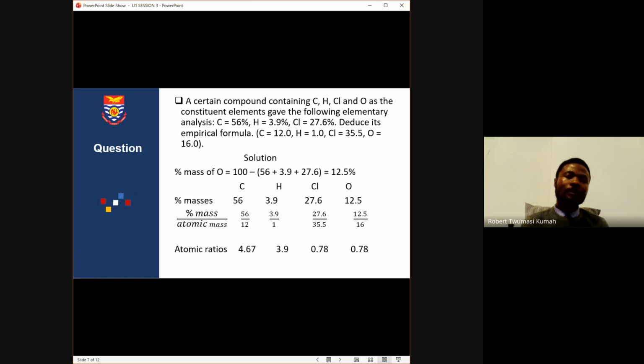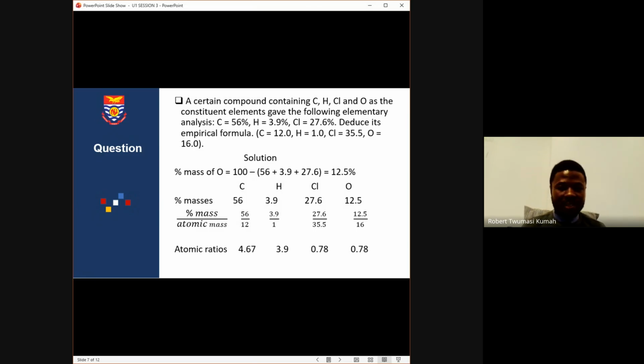All right. Now, one way to help us convert this into whole numbers is to look through and divide through by the smallest number. And if my sight is correct, the smallest number here should be 0.78. Do you also see the same thing as I'm seeing? Okay.